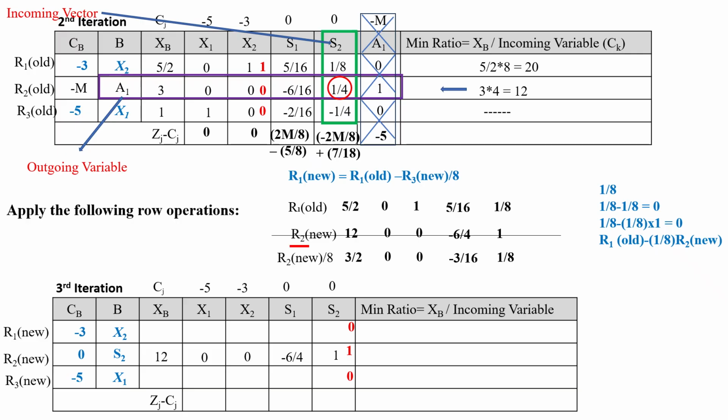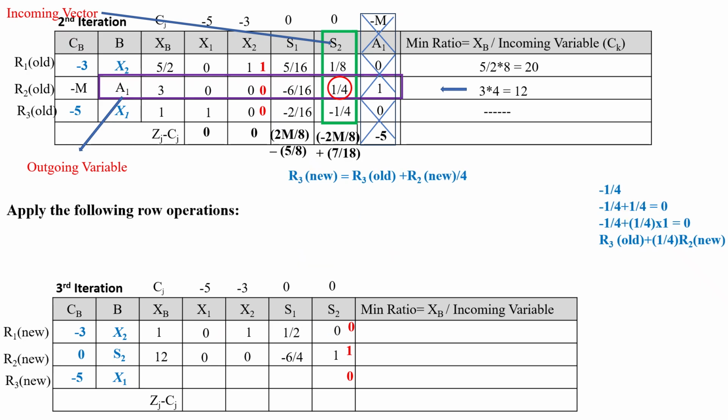So next, R1 old minus R2 new divided by 8 is equal to 5 by 2 minus 3 by 2, which is equal to 1, and 0 minus 0 is 0, 1 minus 0 is 1, 5 by 16 minus of minus 3 by 16 is equal to 1 by 2, and next one is 1 by 8 minus 1 by 8, which is equal to 0.